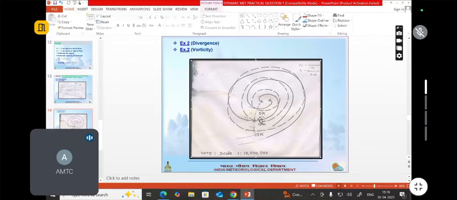Okay, now the time comes for vorticity. What is vorticity? Vorticity is the streamline curvature. So you know the streamline. This is the streamline. You take the tracing paper and estimate this curvature.